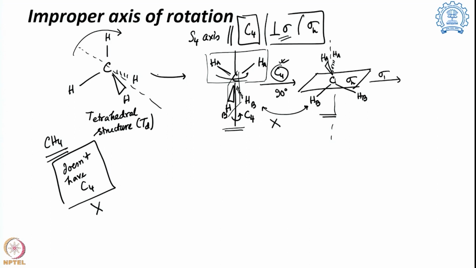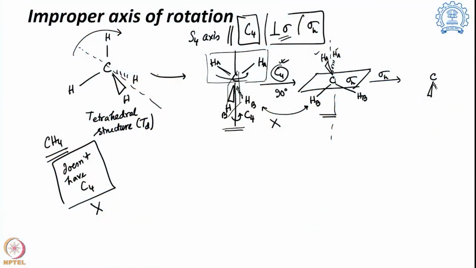If I do a sigma h operation there, what is going to happen? Carbon is going to stay as it is. What will happen to the HA's? They are on the top in the beginning and there is my reflection plane. So, from the top they will come to the bottom during the reflection. These are the HA's.